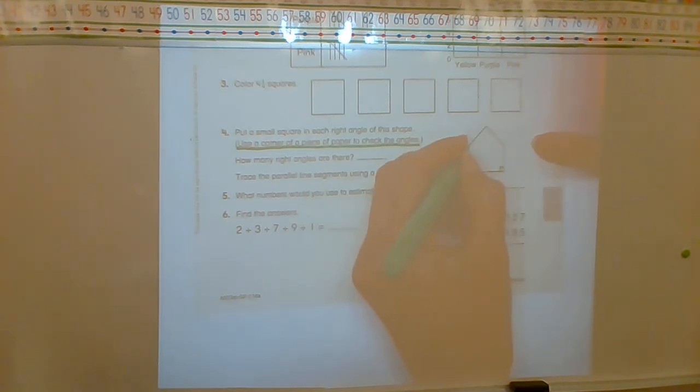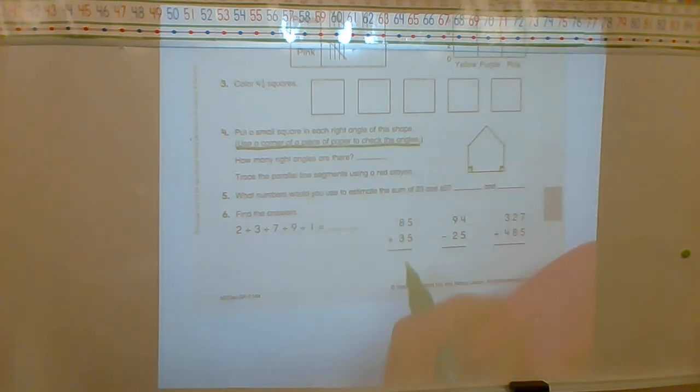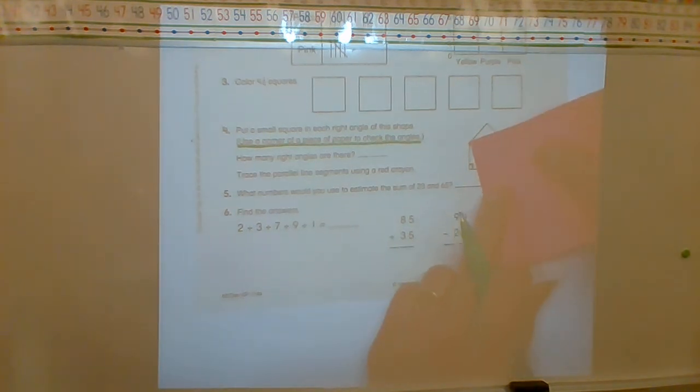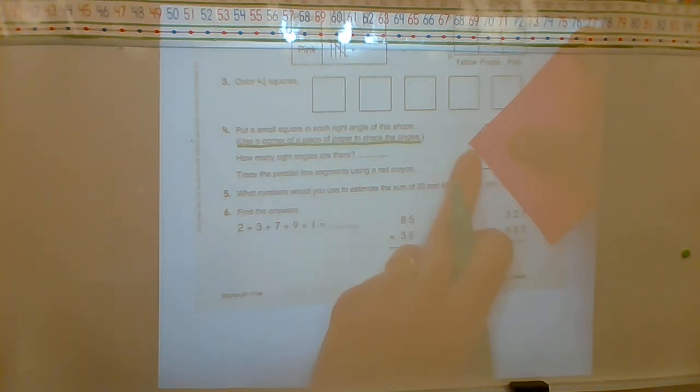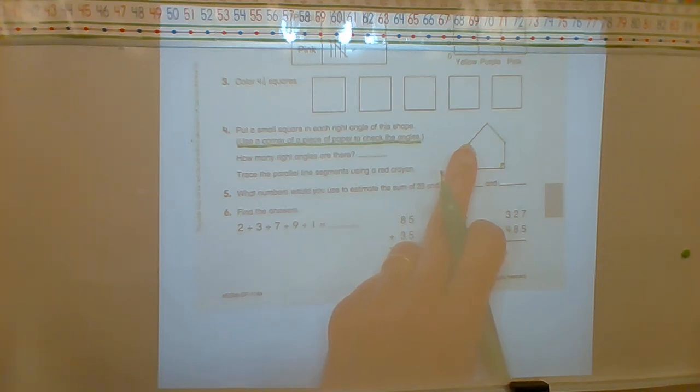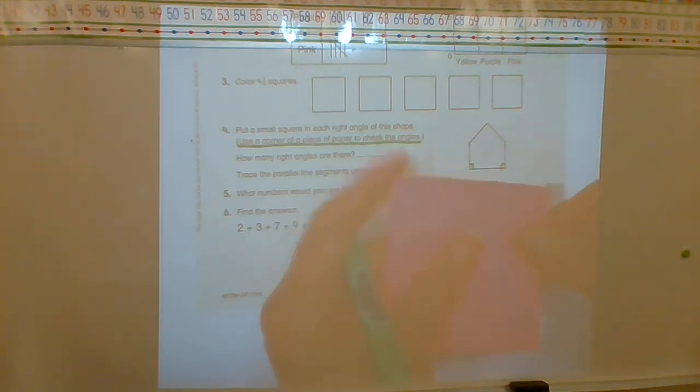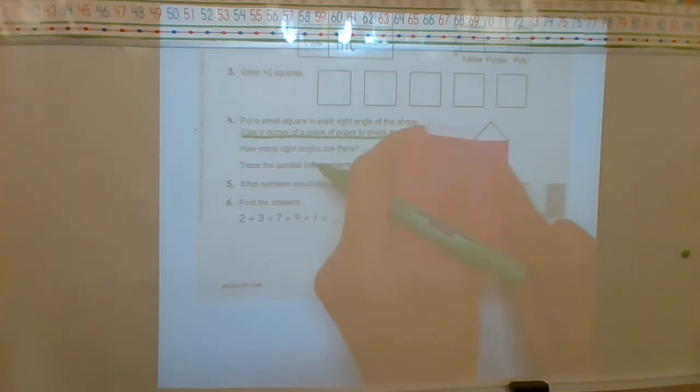Now, here's an angle, and here's an angle. Do you think that that is a right angle? If I slide it up, it needs to come straight like that. He does not. This is not a right angle. Do not label it. If this is not a right angle, do you think this angle is a right angle? Let's slide it in. He would need to go up and straight across the top. Does he?